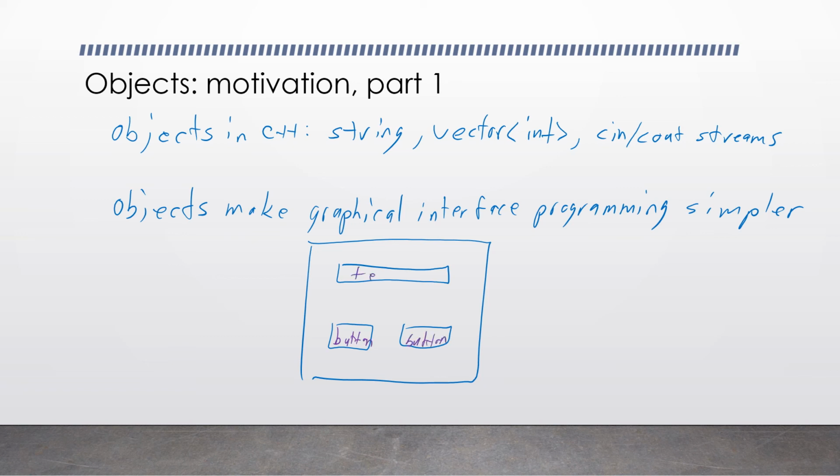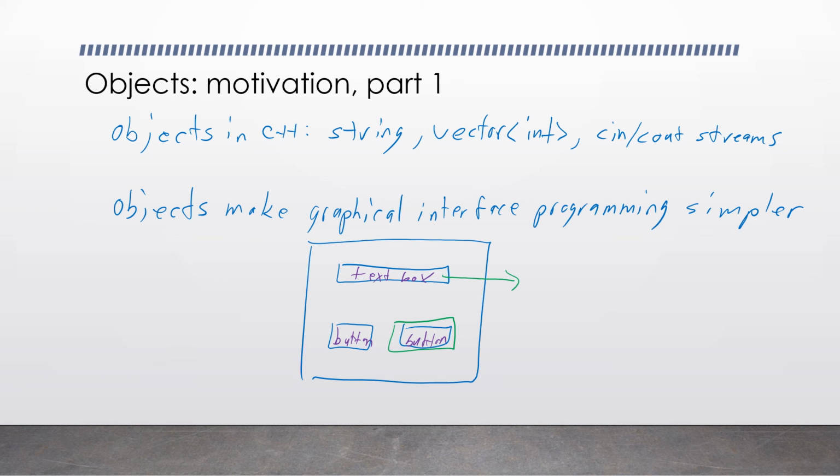This is a text box object. And when the user clicks one of these buttons, it takes the text from the text box and applies it to, I don't know, some data structure that we're storing that text in. But it queries the text box object to find out what text has been typed in there since the last time the user hit the button or whatever.